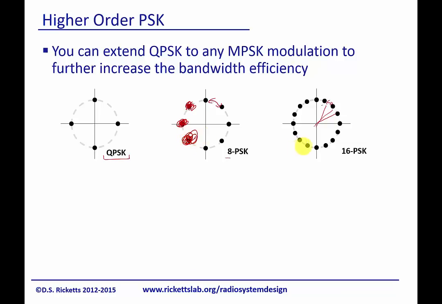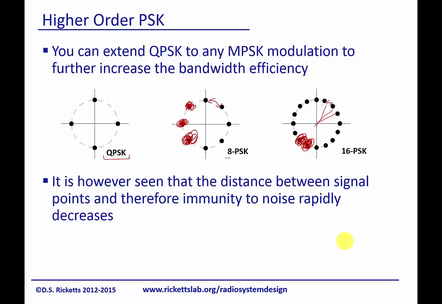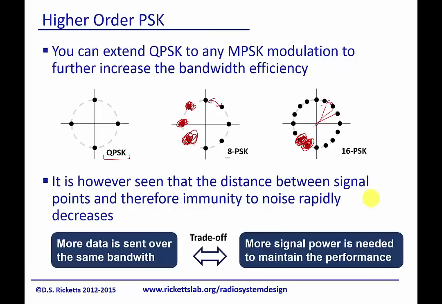If the noise on one symbol and the noise on the other symbol overlap, I can't tell the difference between the two. And so the noise immunity becomes worse as we increase the number of symbols in each digital modulation scheme.